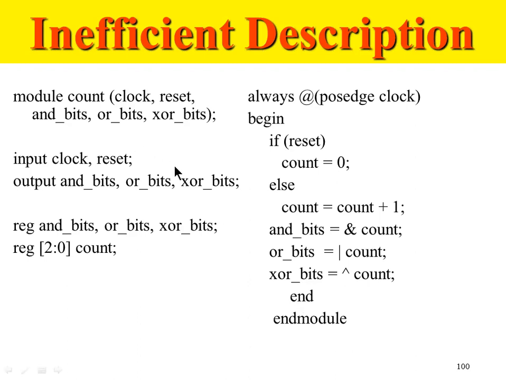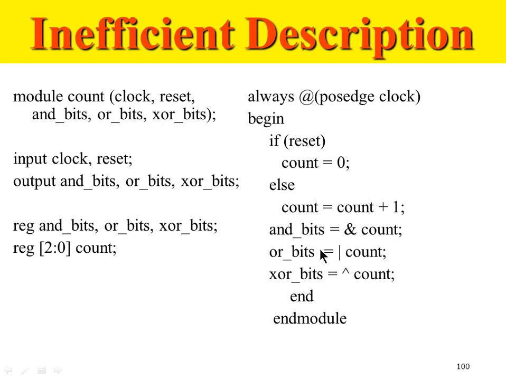Now in this case, this section is going to generate flip-flops for the count register. Always @(posedge clock), if reset, count is 0, else count is count plus 1. So this is going to generate a counter. A counter is made up of flip-flops.